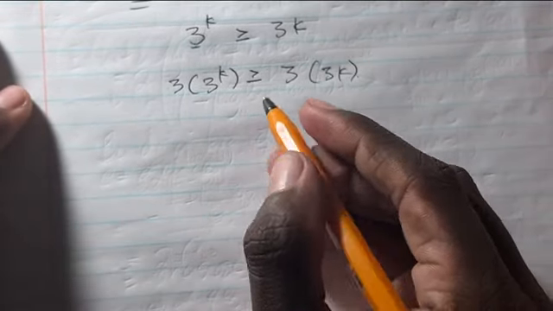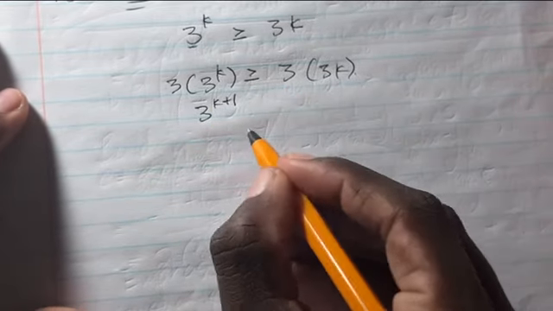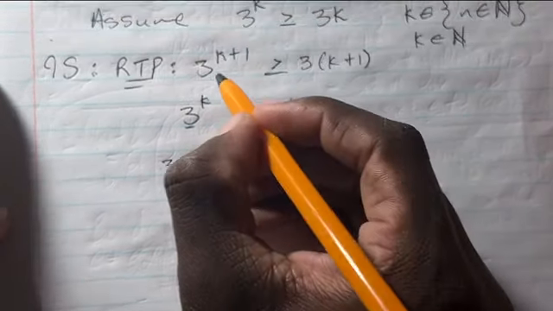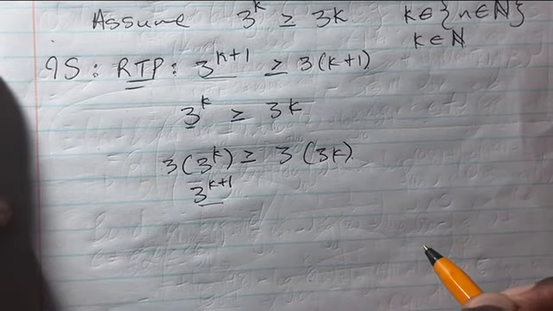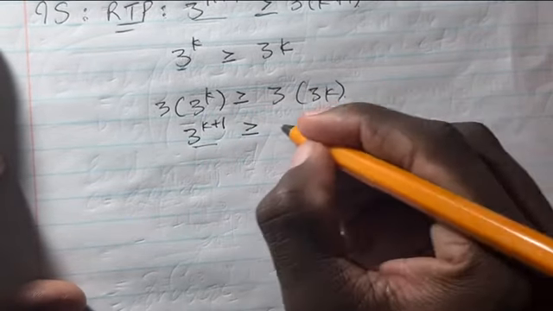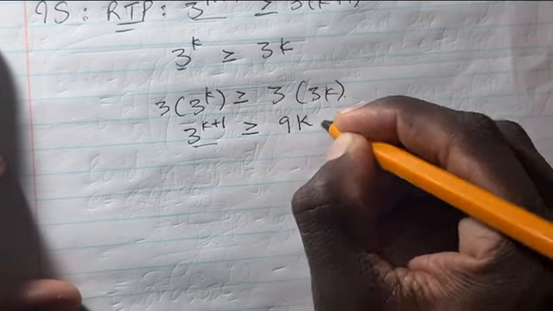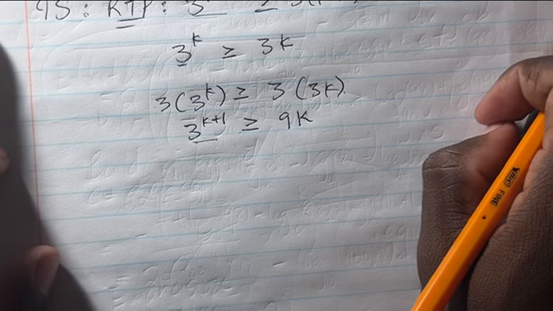What does this simplify to? It gives us 3 to the k plus 1. That's what we want first. 3 to the k plus 1, which is related to this by greater than or equal to 9k.